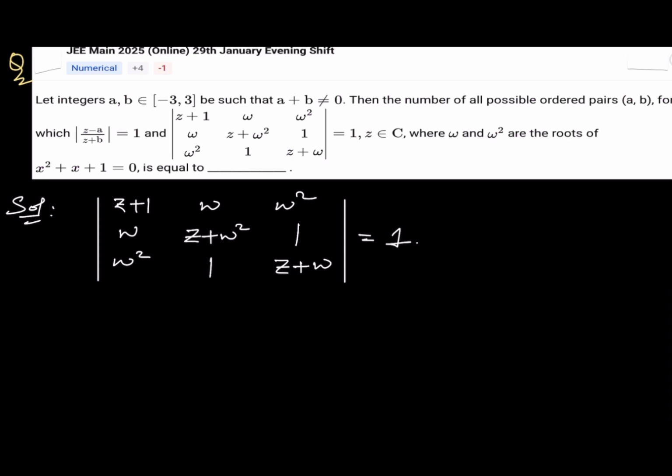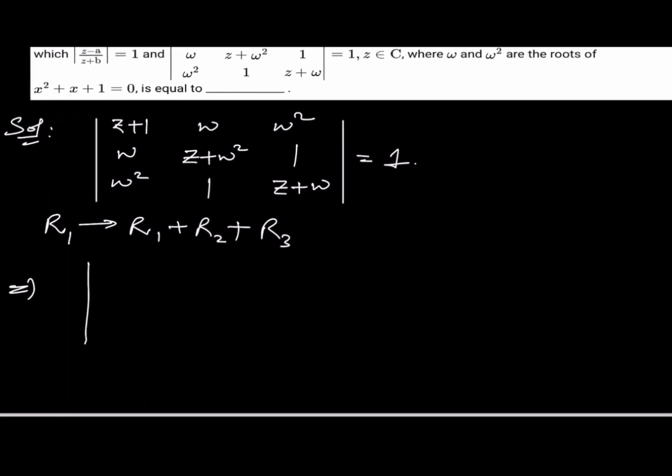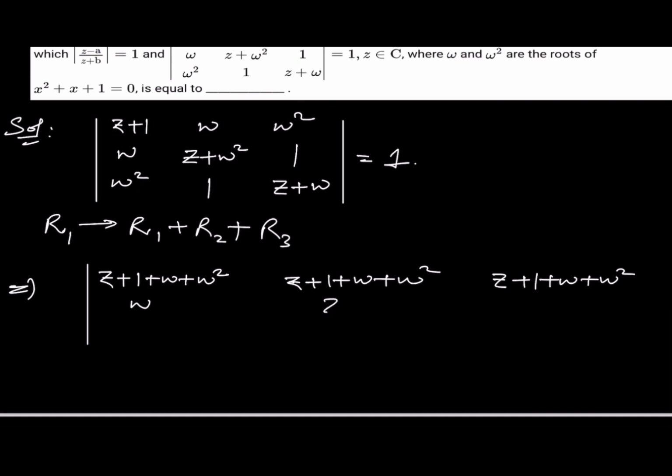Now I am taking an operation in row 1, and the operation is row 1 plus row 2 plus row 3. So from this, row 1 will be z plus 1 plus omega square plus omega, z plus 1 plus omega square plus omega, z plus 1 plus omega square plus omega, and it is equal to 1, right?